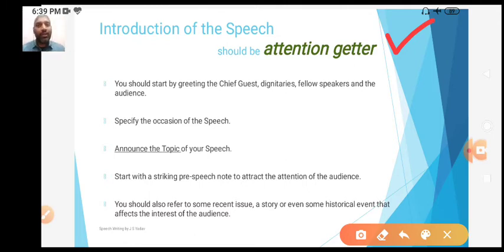And how to start that? So, to begin with the introduction, you must first of all greet the chairperson, the principal, or the members of the jury. Then dignitaries, and fellow speakers or the audience. Specify the occasion of the speech. Announce the topic.